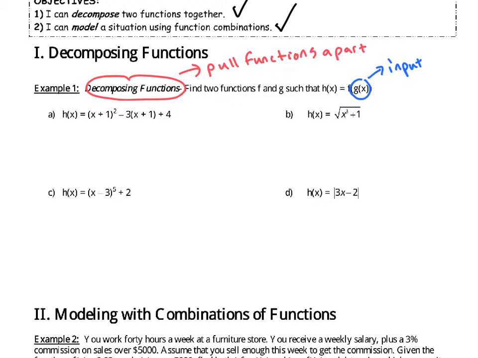input function. So when we look at example 1a, I notice that in parentheses, there is x plus 1 showing up in both sets. Therefore, we can assume that g of x, the input function, must be x plus 1. Well, what was x plus 1 input into?